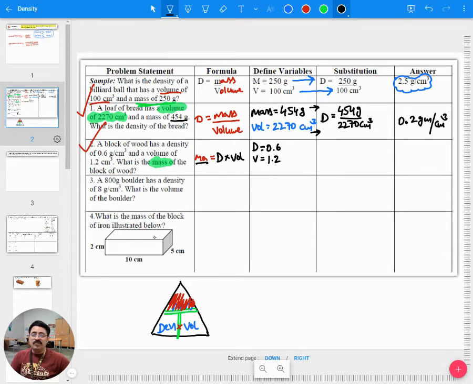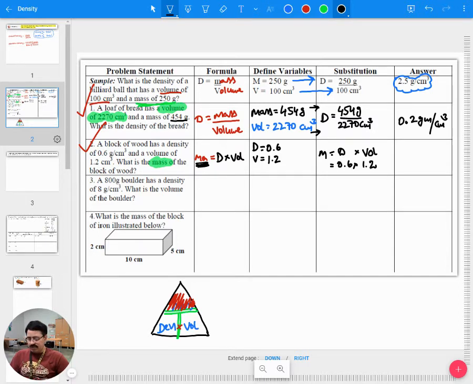As I mentioned before, you are asked to find mass. Mass equals density times volume. Now let's plug in these numbers. Density is 0.6. Volume is 1.2. Let me grab my calculator. It is, I guess, 0.72.